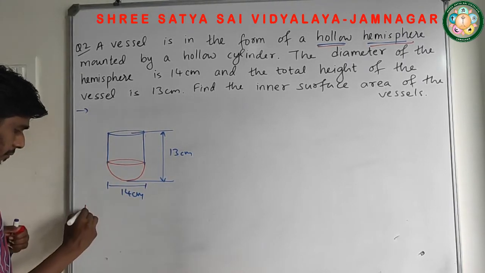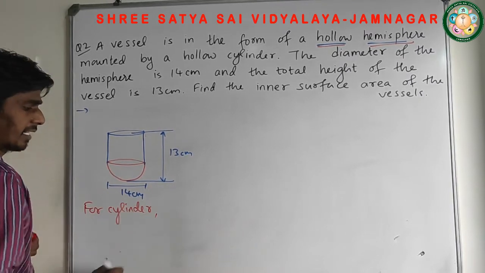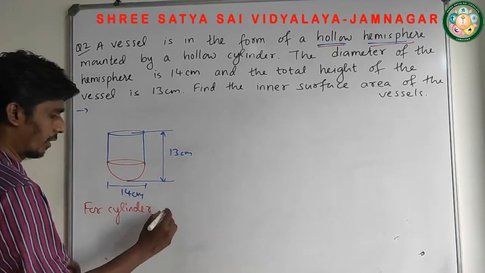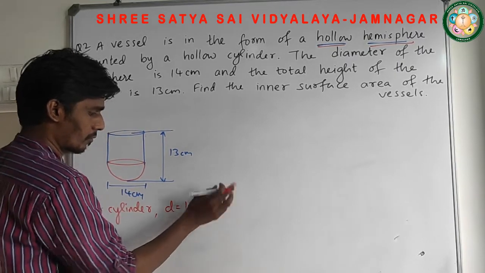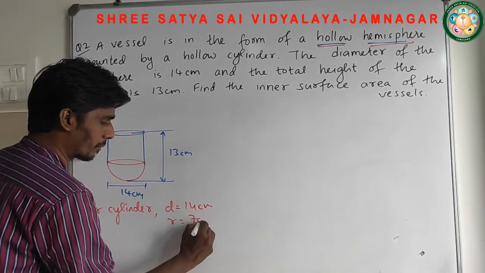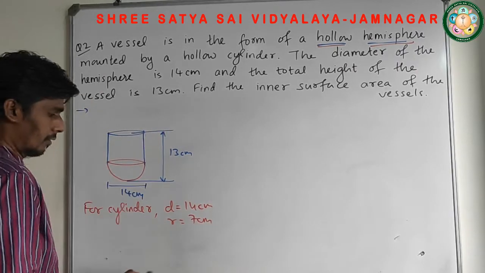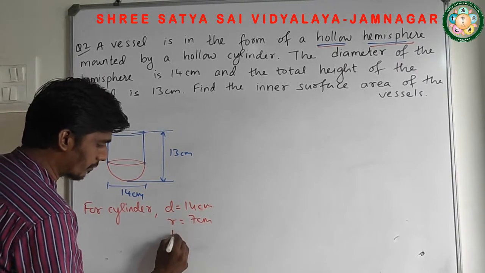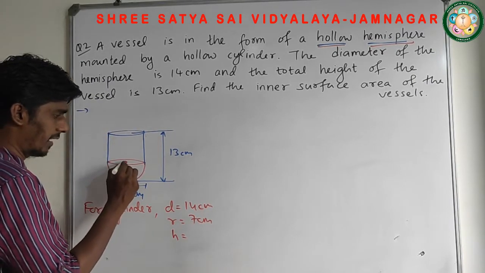So let's find the height. For the cylinder, what is the diameter? Diameter is 14 centimeter. Then definitely radius will be 7 centimeter. Now height is 13. Now the important part you have to understand.